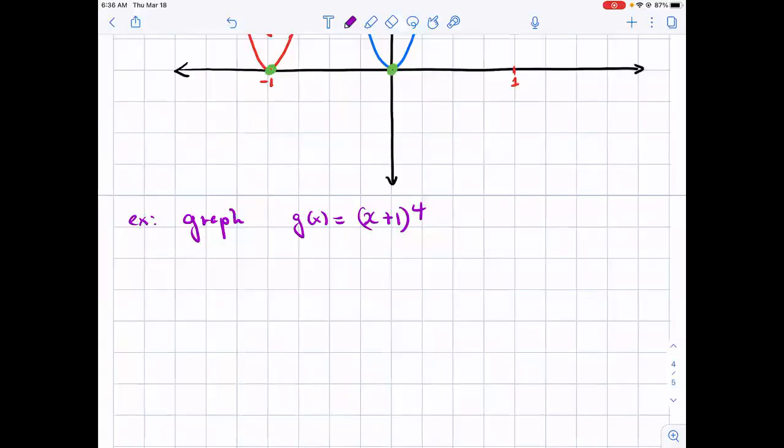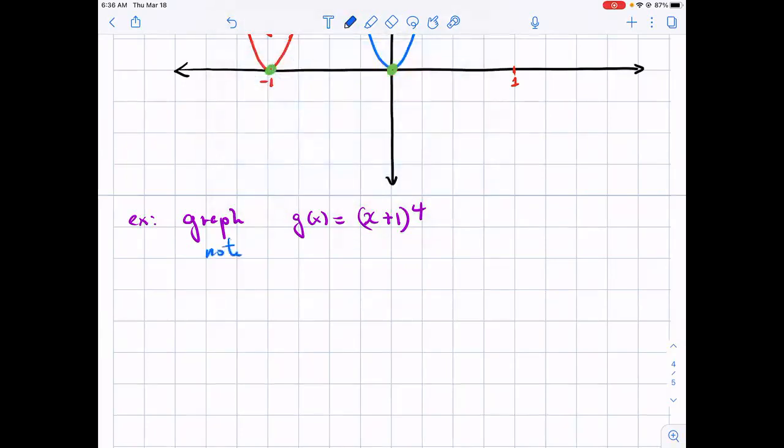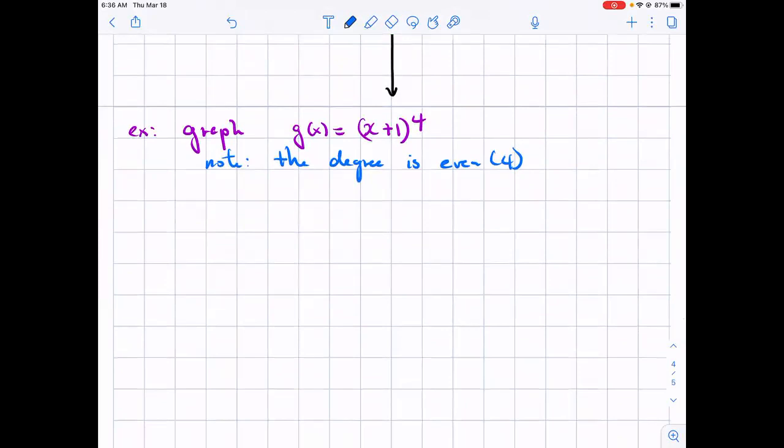So how about if we have to graph the function now, g of x equals x plus 1 to the 4th power. So note, the degree is even, 4 is even. So the graph is similar to that of x squared.